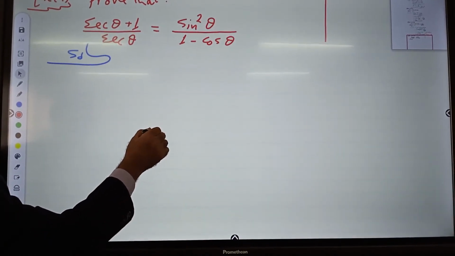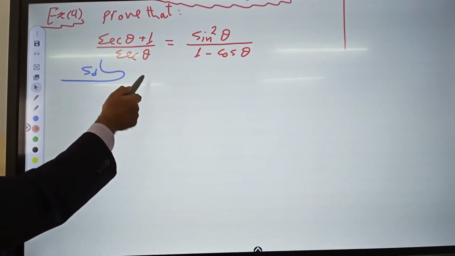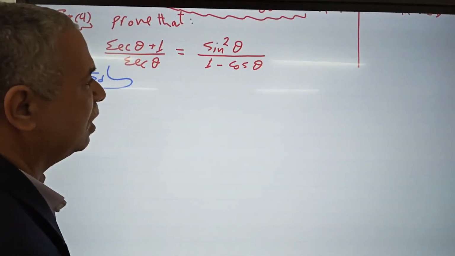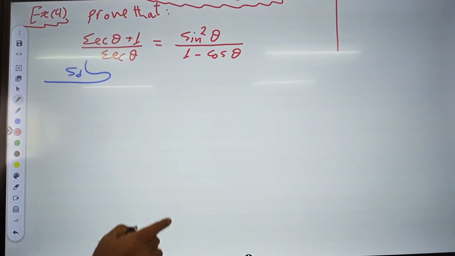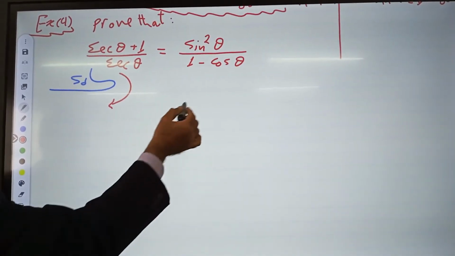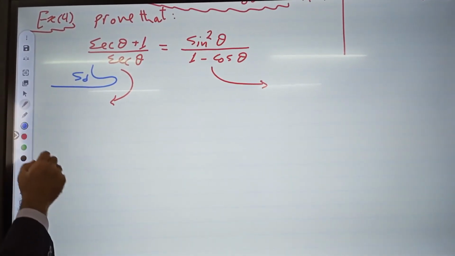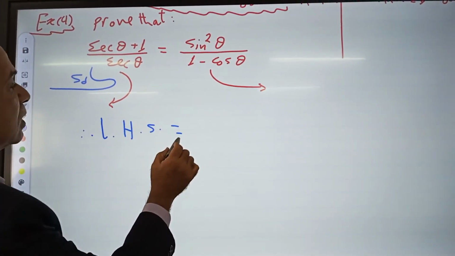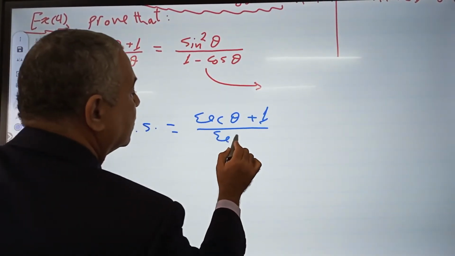Now let's go to the next one. Prove that sec θ plus 1 over sec θ equals sin²θ over 1 minus cos θ. In this case, we will find the value of the left hand side and the value of the right hand side. The left hand side equals sec θ plus 1 over sec θ.